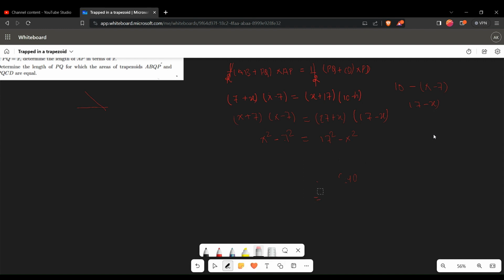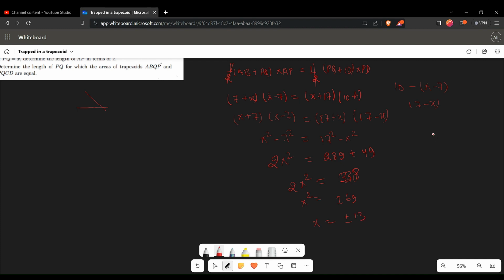Okay, I got it. So it will be 2x square, and here it is 289 plus 49, which is 338. 2x square is 338. x square will be equal to 169. So the value of x will be equal to plus minus 13.